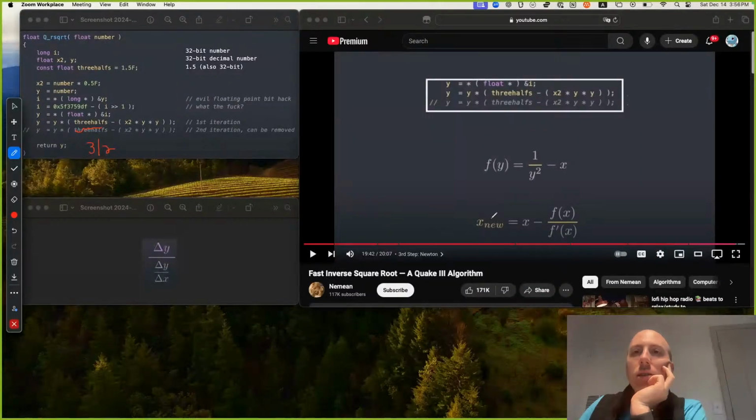So translating this over a little bit, this was our xy pair, our y and f of y pair, and the derivative at y, and we get our y new here.